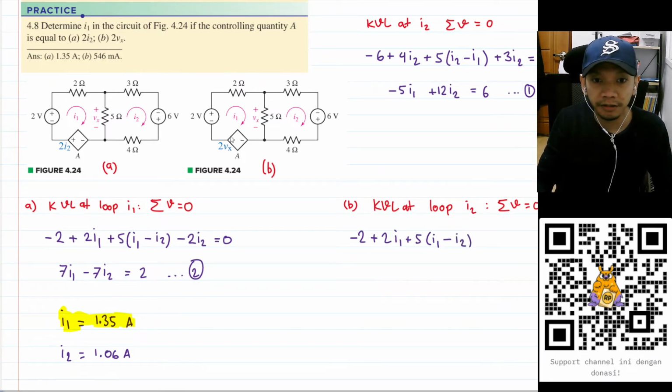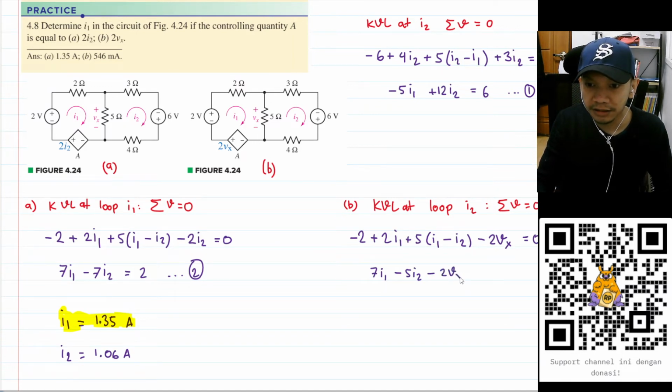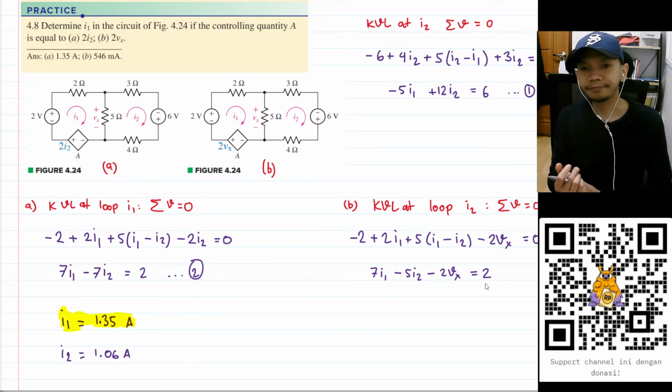And then this one will be minus because that is negative polarity, and the value will be 2Vx. And all of this will equal 0. And we will do similar things by adding this: 7I1 minus 5I2 minus 2Vx, and all of that will equal 2. And what is Vx?